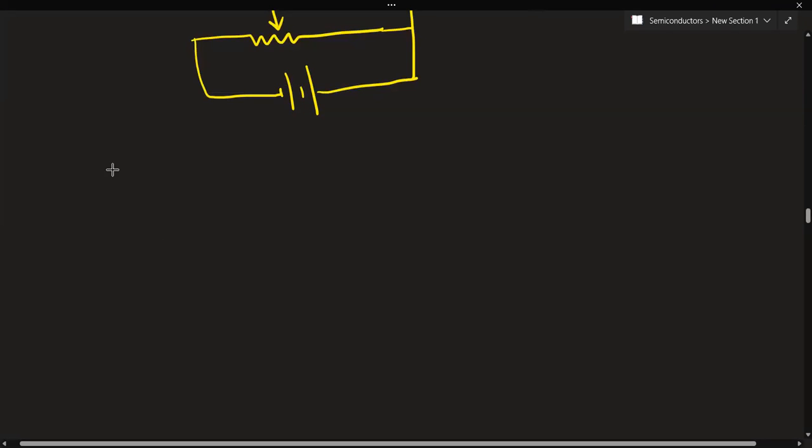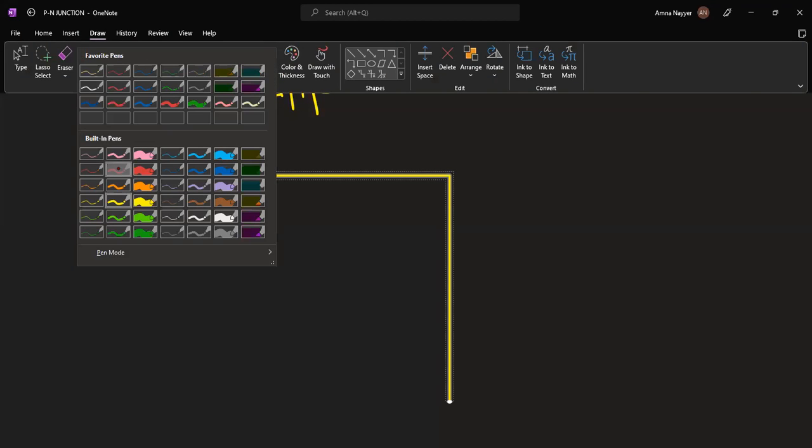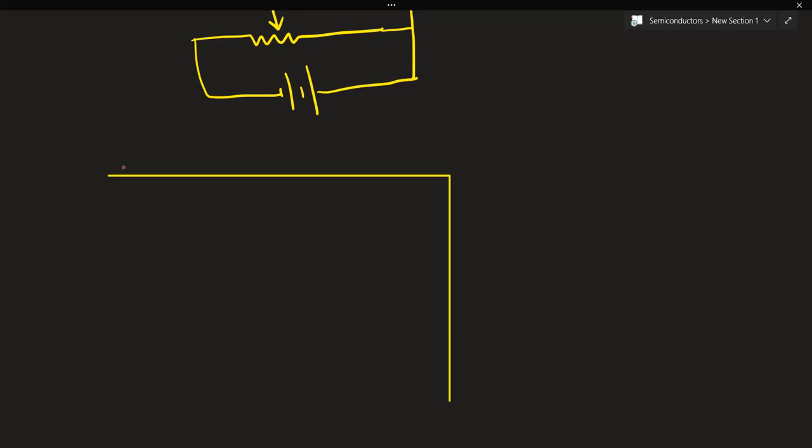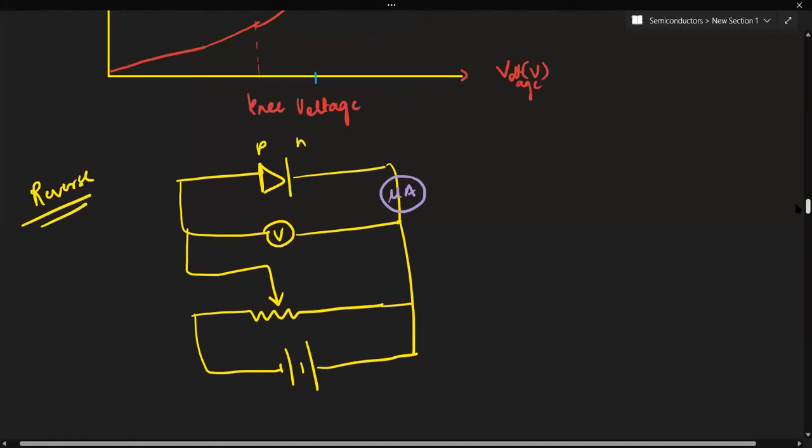Now see, if you look at the graph, graph means the characteristic, the reverse characteristic for it. So regarding the reverse bias, the experimental arrangement is this only. This is the experimental setup.